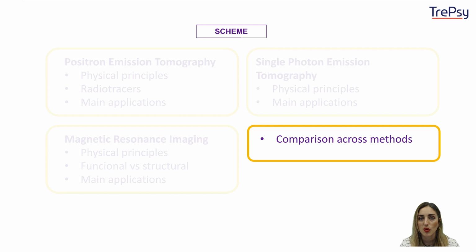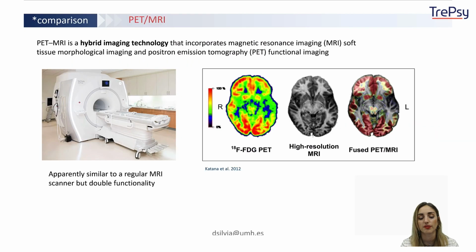Okay, so let's move forward for a little bit of a comparison across different methods. I've talked a little bit already about the combined use of PET MRI. It's a hybrid imaging technology that incorporates the two techniques, MRI and PET, into the same machine.